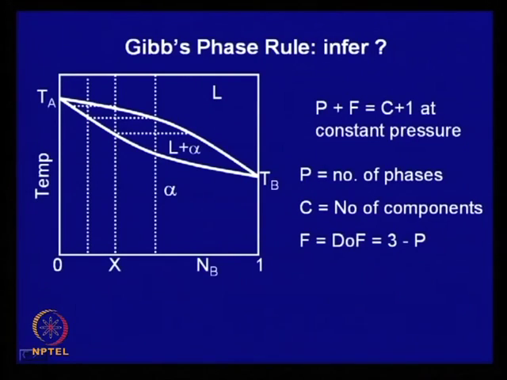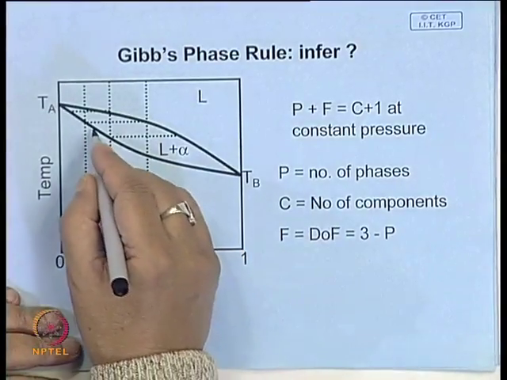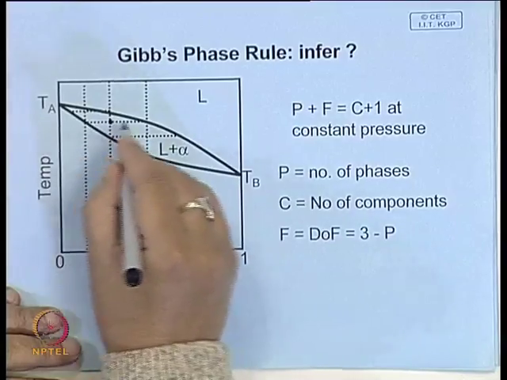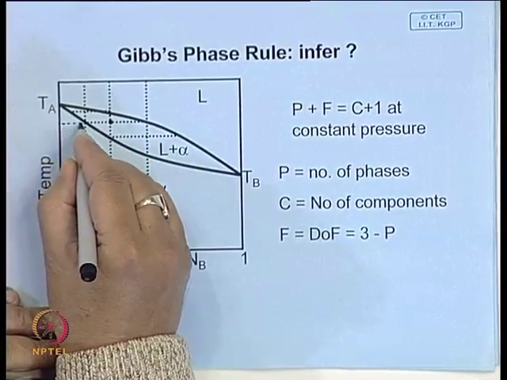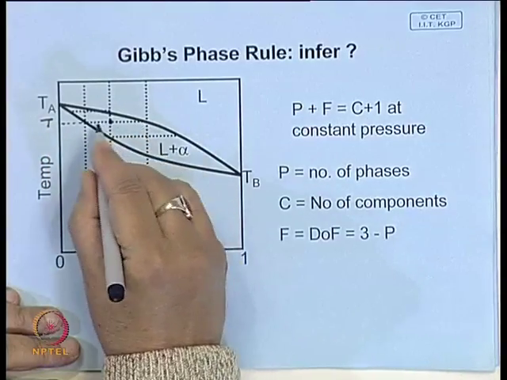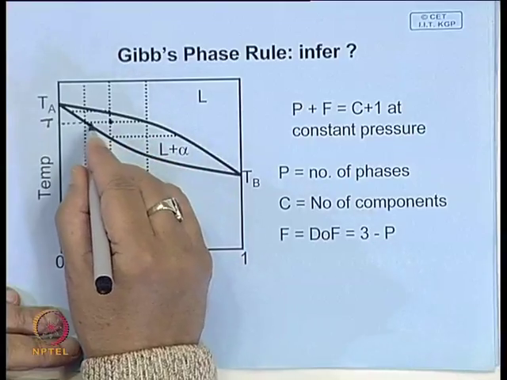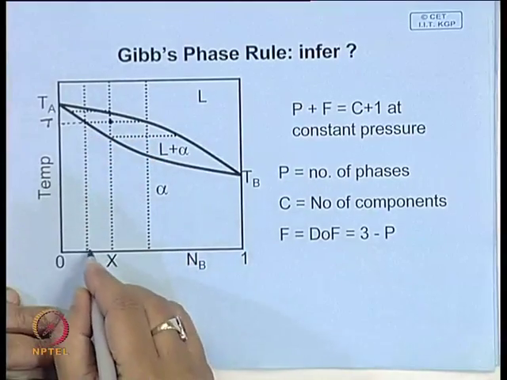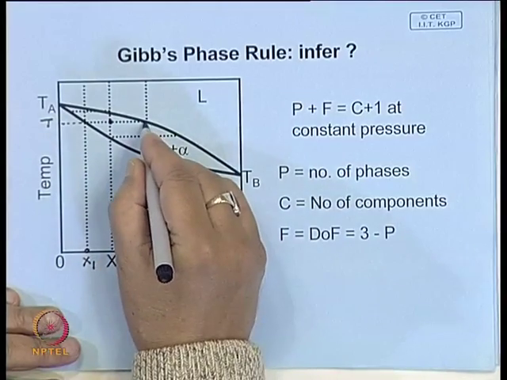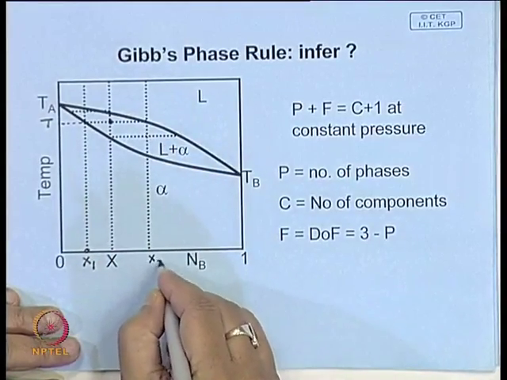In fact, if we look at it here, in this particular case, if you say that my alloy is at this temperature, and it is made up of two phases, then automatically phase alpha will have this composition, let us say x1, and the other will have a composition x2.